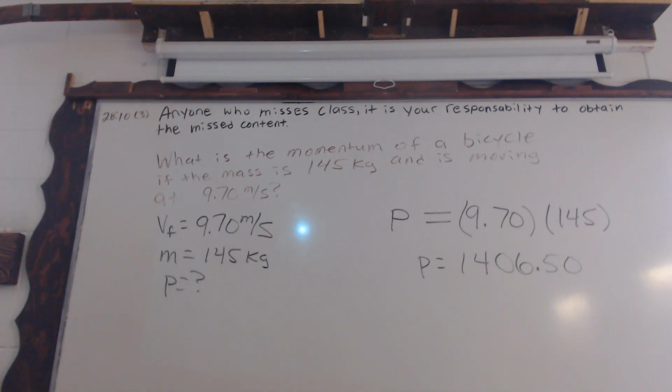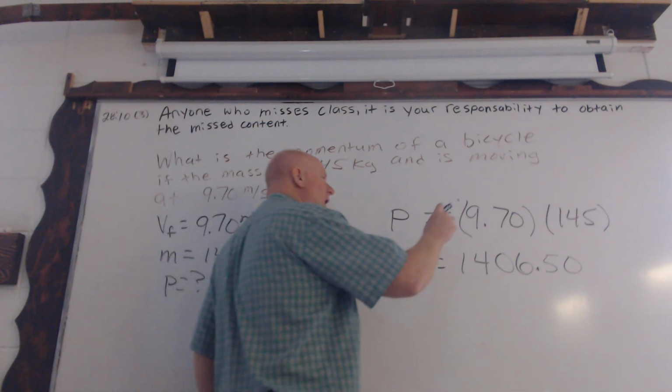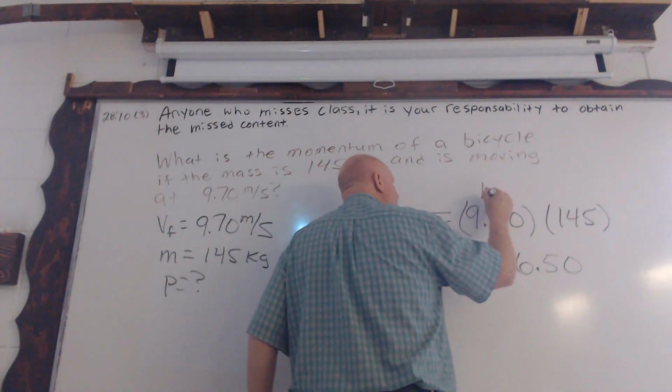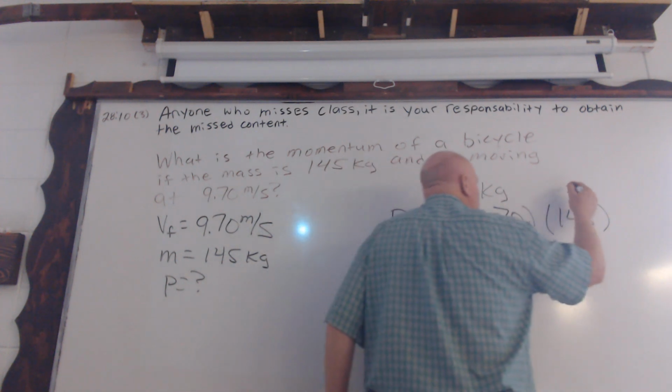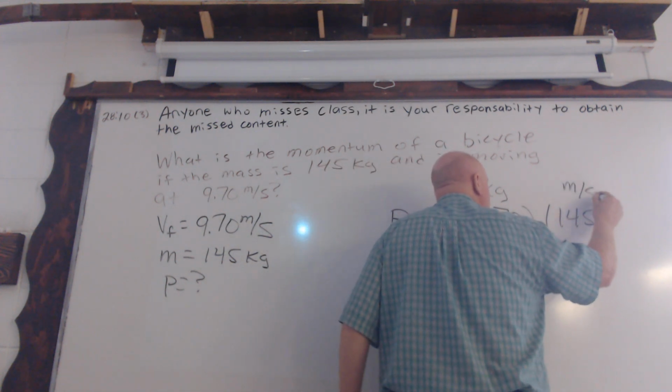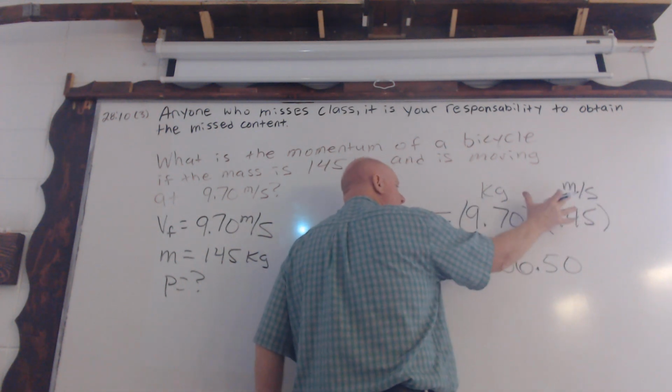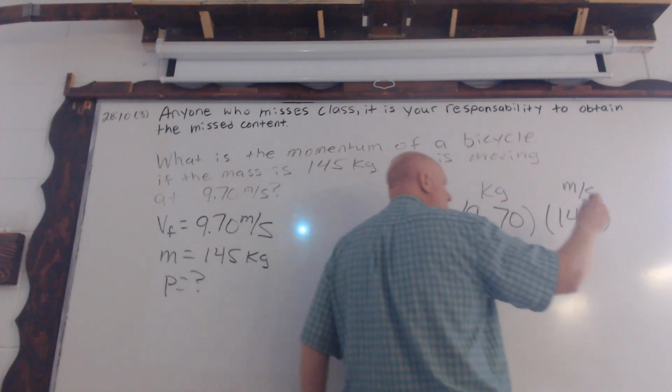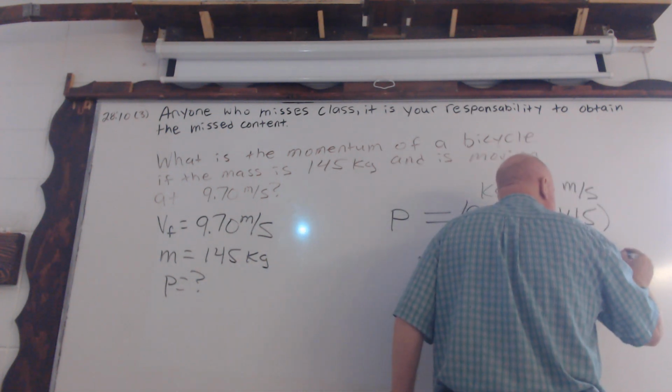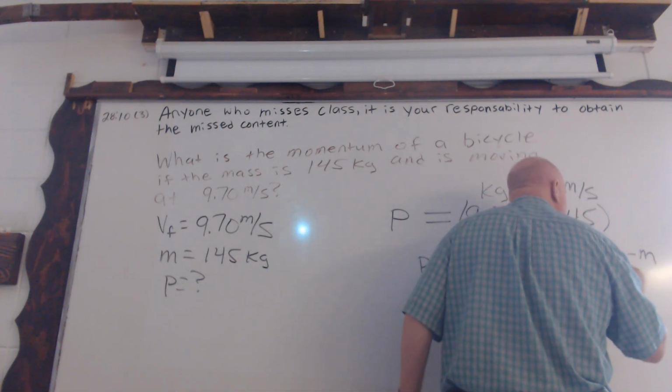All right. So then this is what we call a derived unit, which means we've got a mass here, okay, and here's our velocity. And when we label these, since we're multiplying them, this is what we call kilogram meters per second.